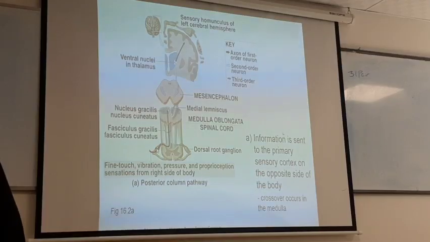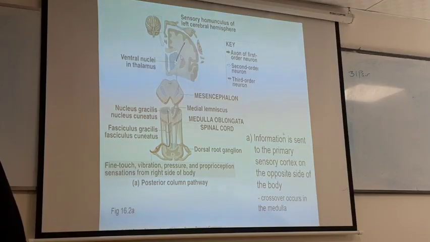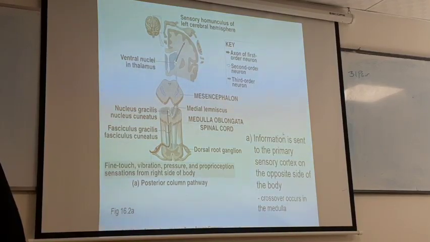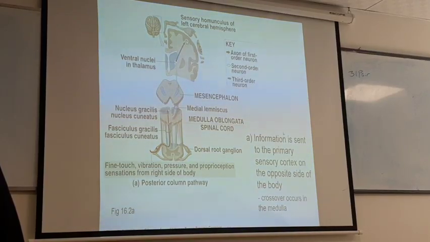Neuron 1 in the DRG, and go to the posterior horn. And by gracilis, go to the medulla. Neuron 2 in the medulla, neuron 3 in the thalamus, and neuron 4 in the post-central gyrus.